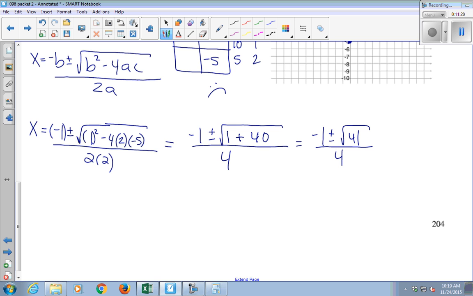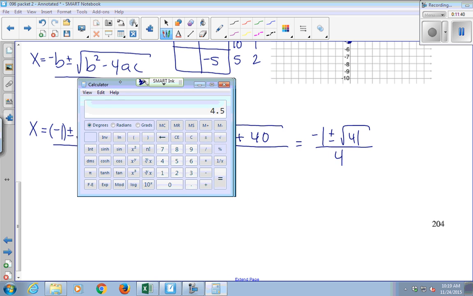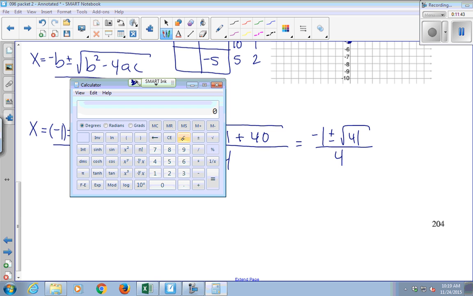Is 41 a perfect square? No. Does it have any perfect square factors? I don't think so, but maybe I just don't see them, so I'm going to check. The first perfect square factor is 4.